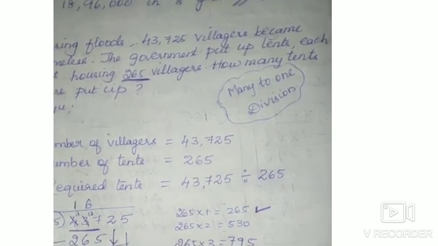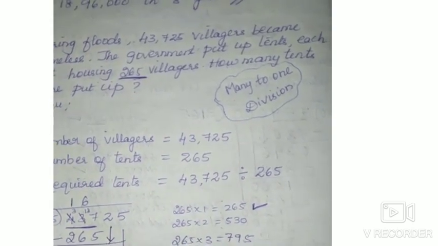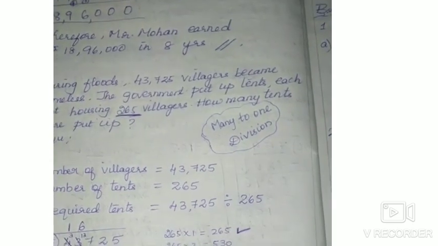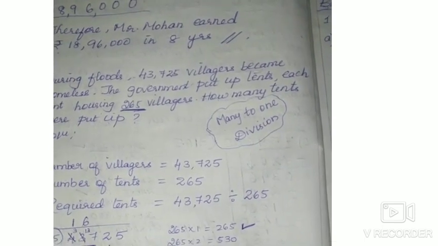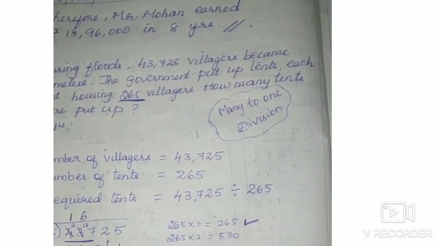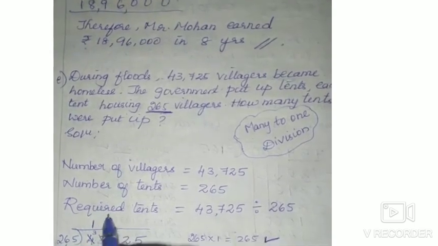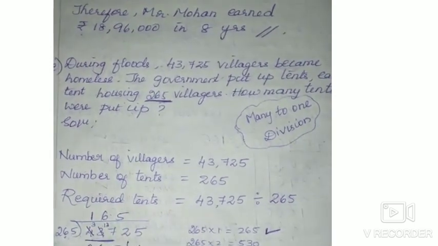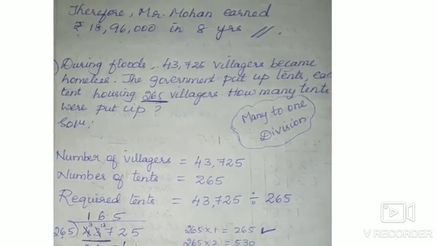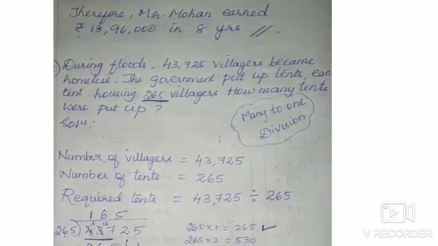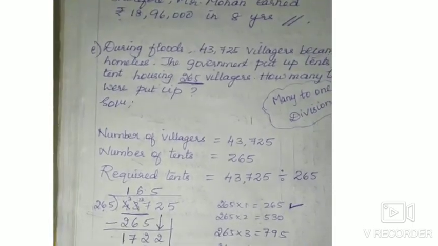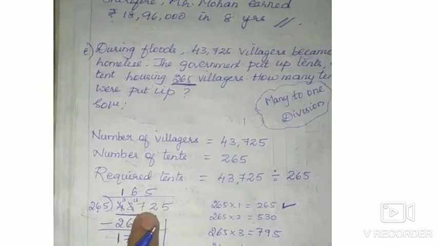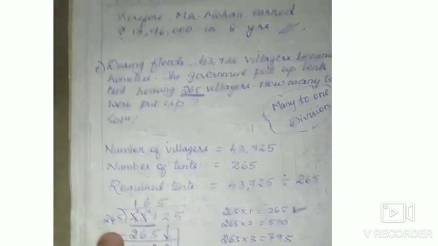Again 0. Now bring 5 down. Now check the number. Yes, it is exactly present. 1325, that is 265 fives. Now the remainder is 0. What it means: remainder 0 means the dividend is exactly divided by the divisor.